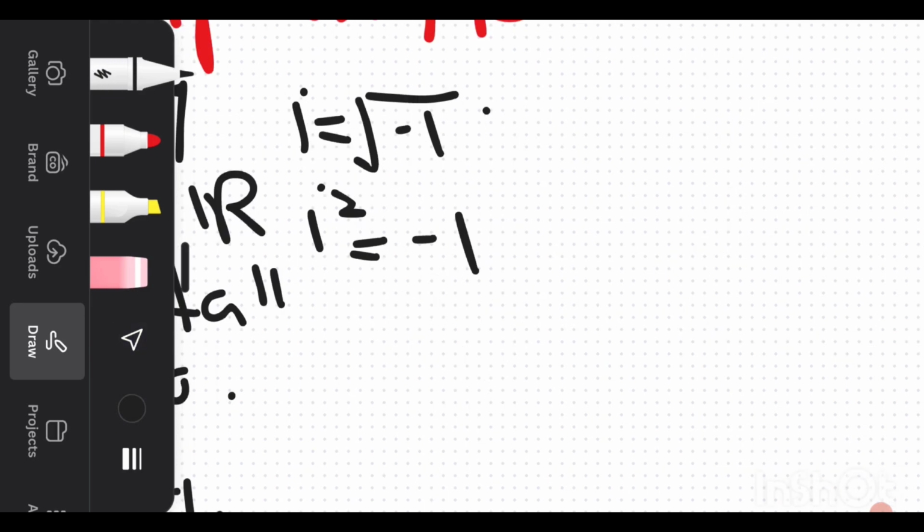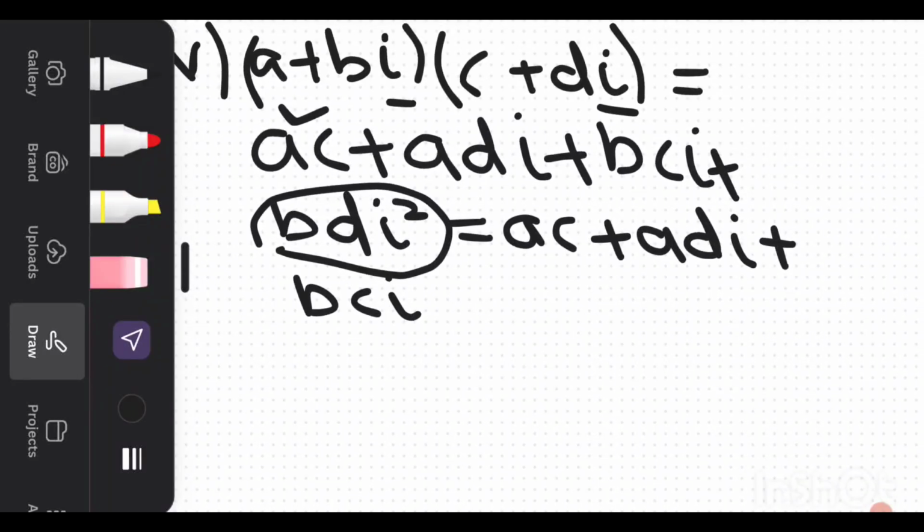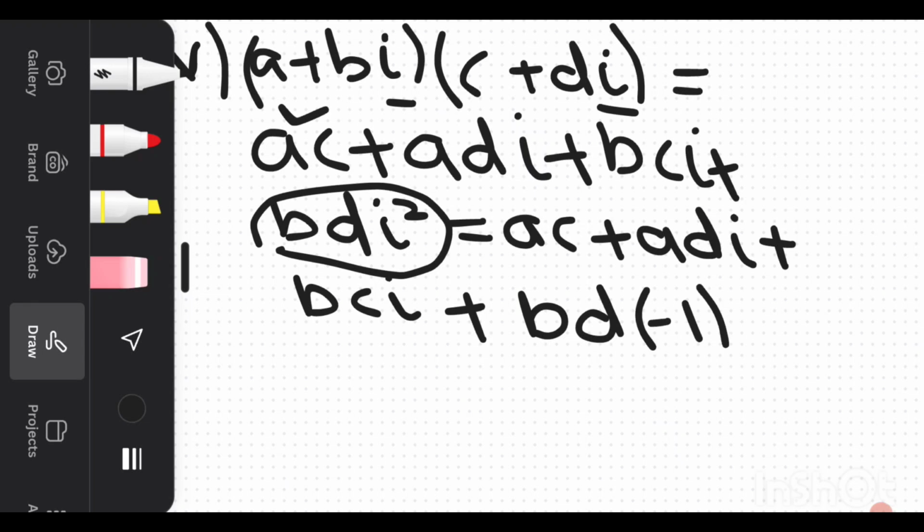Here the iota value is under root -1 while iota square value is -1. So we will use this value here, and that is plus bd, and this is -1, so its value is -1.